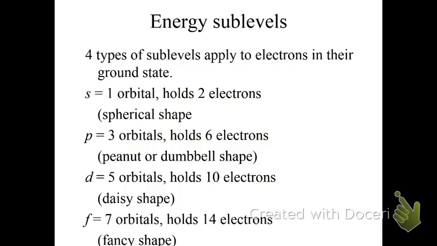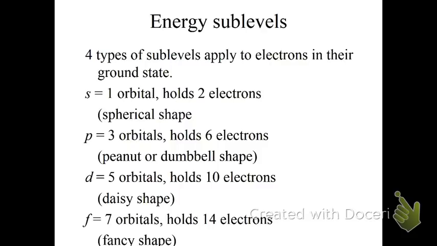So here are our 4 types of sublevels, applying to the electrons in their ground state. The s orbital has 1 orbital or 1 orientation around the nucleus. It holds 2 electrons and it is spherical shaped. The p has 3 orbitals, which correspond to 3 orientations around the nucleus, can hold 6 electrons, 2 electrons in each orbital.